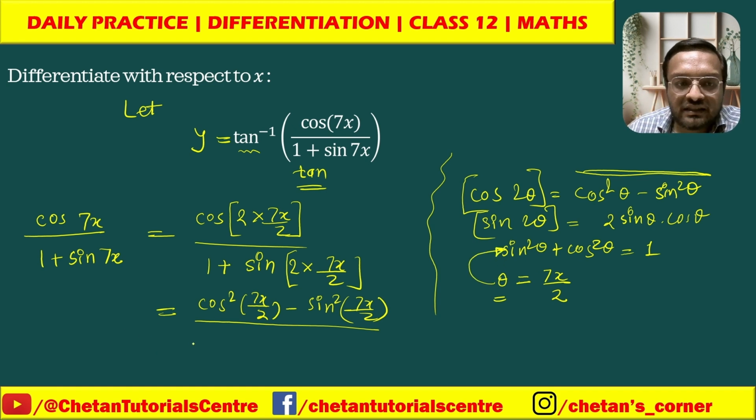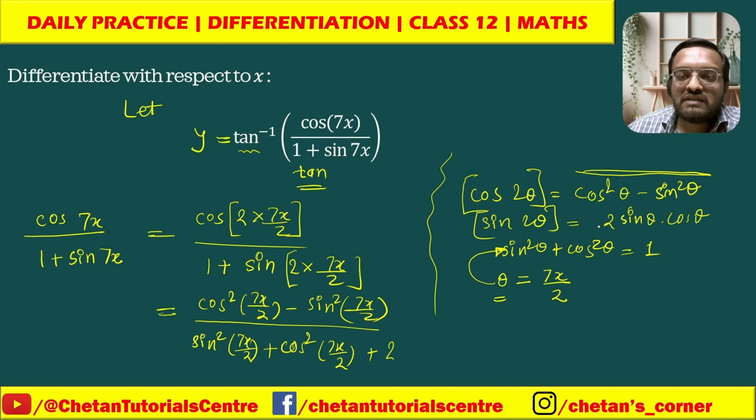Then what I will get, sin square 7x upon 2 plus cos square 7x upon 2 plus sin 2 into 7x upon 2, which will be equal to 2 sin theta cos theta, theta is 7x upon 2, so 2 sin 7x upon 2 into cos 7x upon 2.